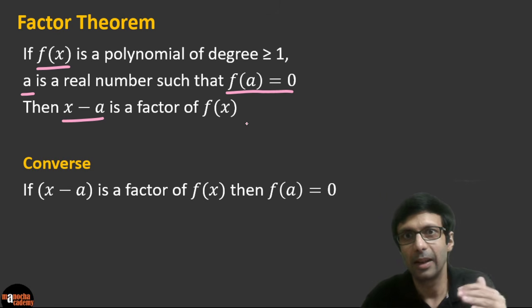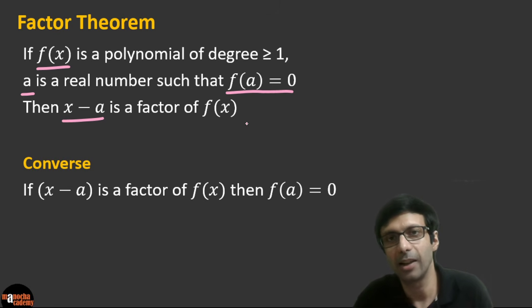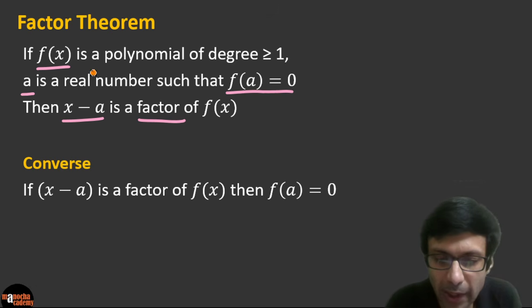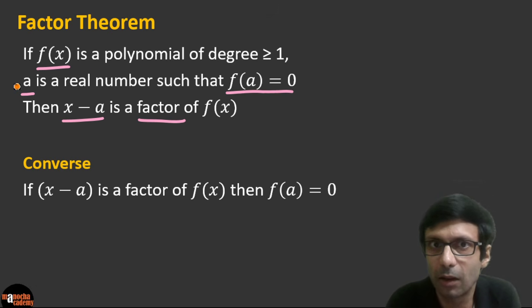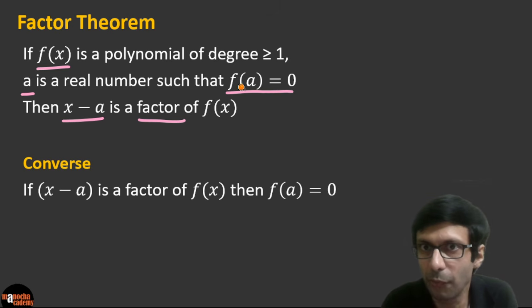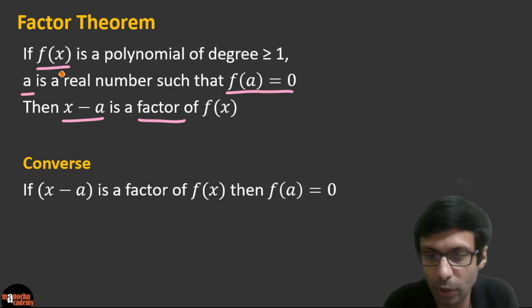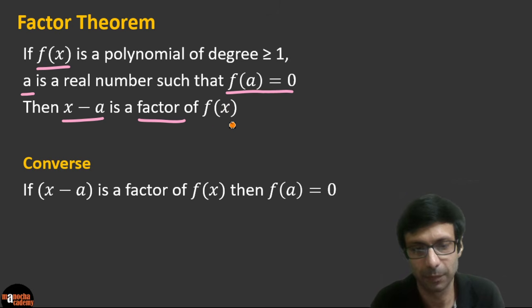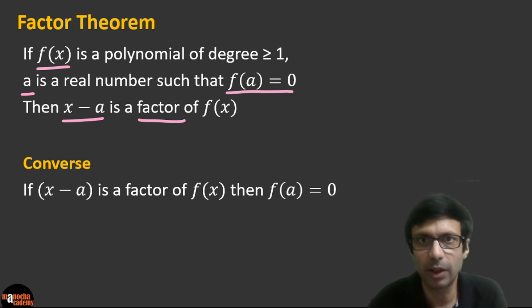Okay, so guys, clearly follow that statement. Let's understand it so that you are crystal clear. What is it saying? That if you take any polynomial and a number a such that f of a is 0, meaning you substitute x equal to a in the polynomial and you get 0, then x minus a is a factor of f(x).